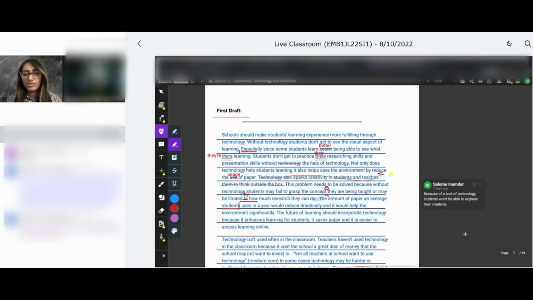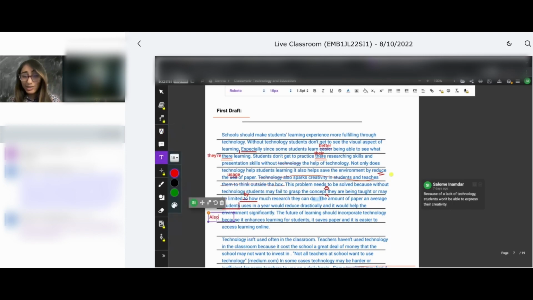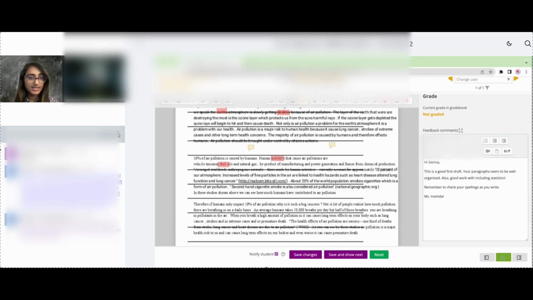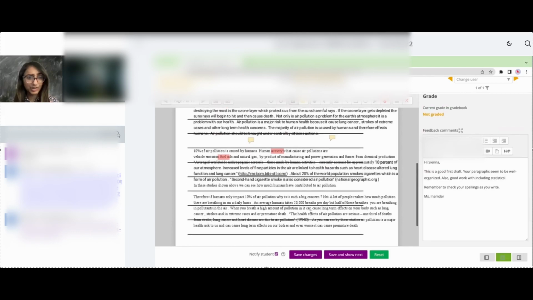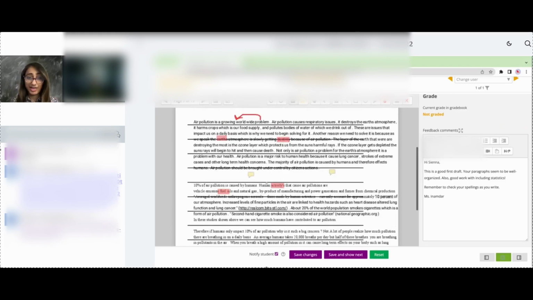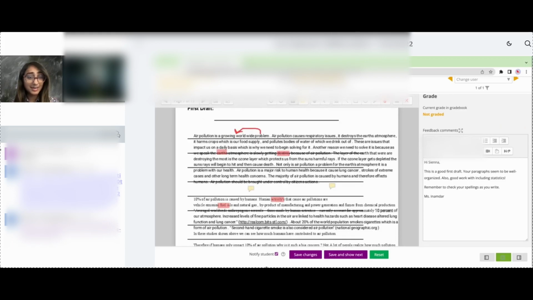No, although shows a contrasting idea, a different idea. But we're not presenting a different idea here. We're kind of moving in the same vein. The word we can use here is also. A simple yet effective transition word. Another thing I mentioned here is, yes, I'm very happy with the statistics that you've provided. That's great. But you do need to check your spellings and punctuation.